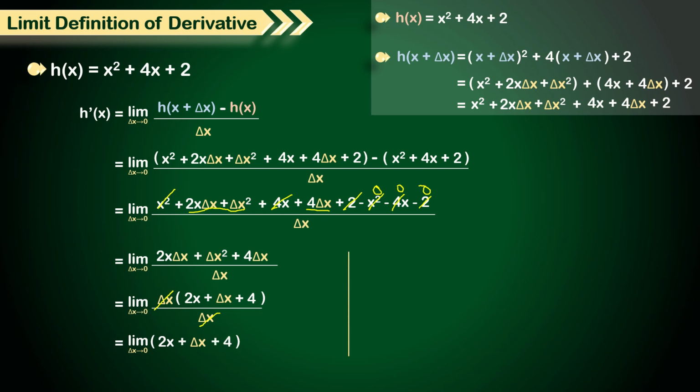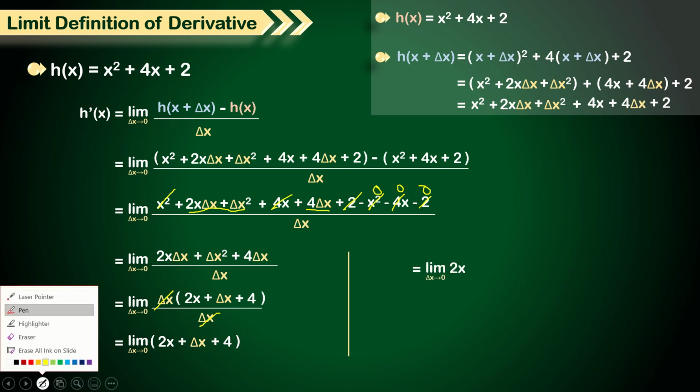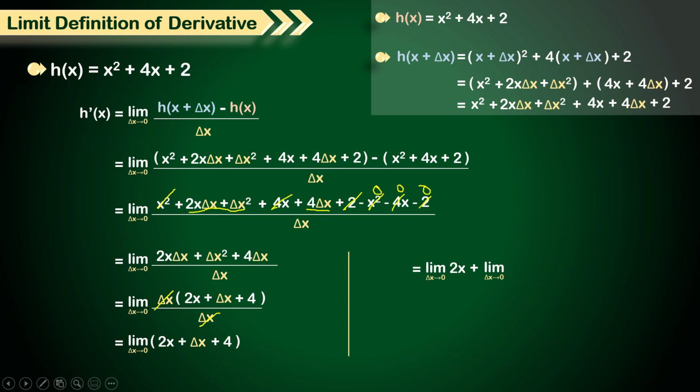Limit of 2x as delta x approaches 0 plus limit of delta x as delta x approaches 0 plus limit of 4 as delta x approaches 0. Get the limit of each term, and it is equal to 2x plus 0 plus 4. Simplify. Therefore, the derivative of the function is 2x plus 4.